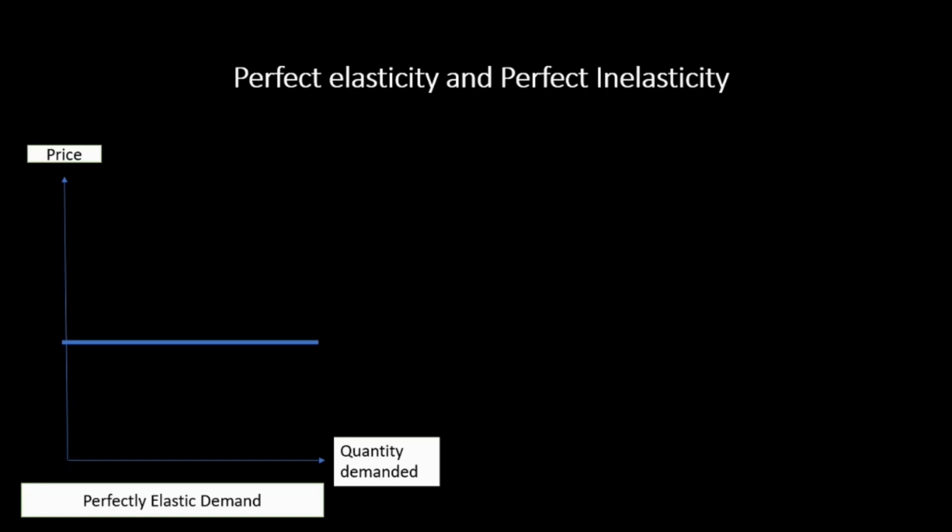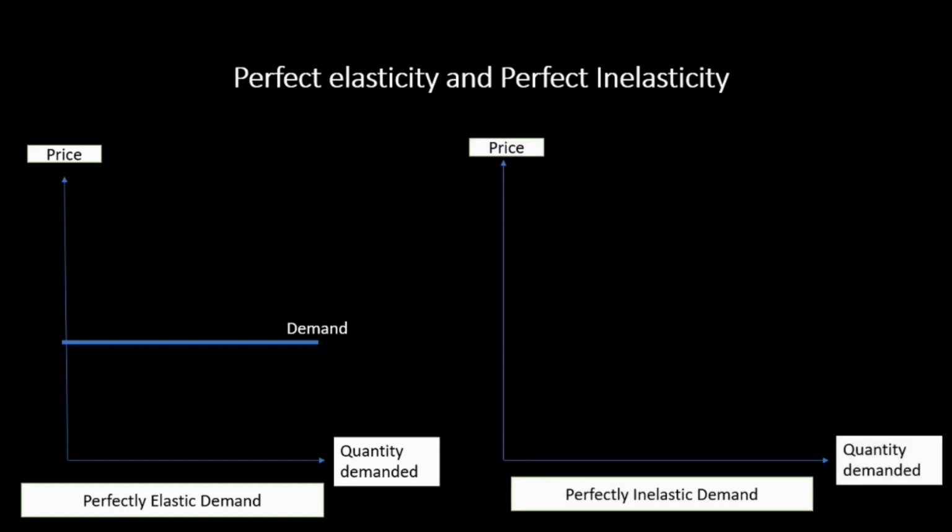This indicates that price always has to remain constant. In the case of perfect inelasticity, the quantity demanded always remains constant, irrespective of whether the price increases or decreases. So in this case, I get a vertical line as my demand curve. When there is a horizontal demand curve, it's a case of perfectly elastic demand, and when there is a vertical demand curve, it's a case of perfectly inelastic demand.